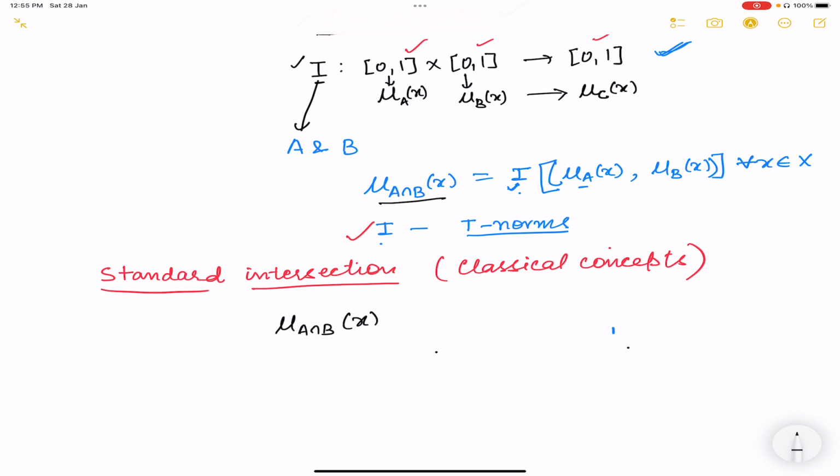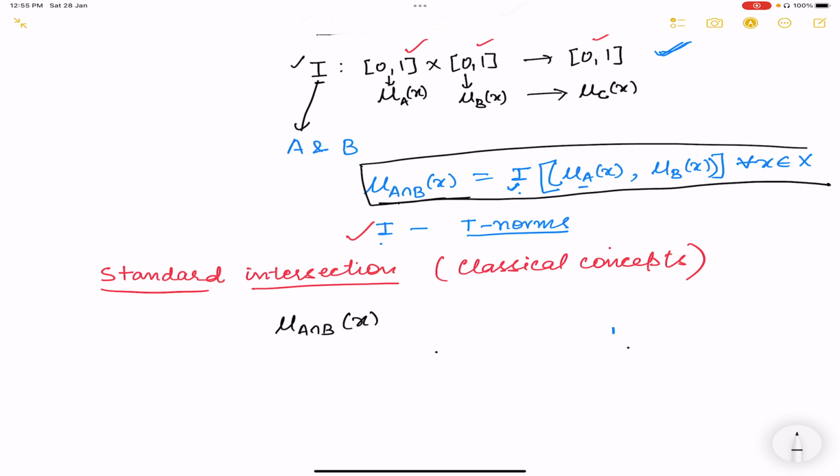How do we define the image? See, we had defined it in this way, right? So how are you going to define an image? Mu A intersection B as the minima of the membership grades, mu A(x) and mu B(x).